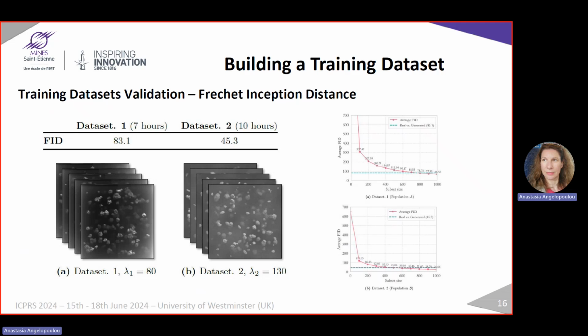What we saw is that the curved line decreases and tends toward a value of 66-ish for the first dataset and 25-ish for the second dataset, which are fairly close to the values that we get when we compare real images to synthetic images. So it gave us a benchmark of what kind of FID we should be aiming at.